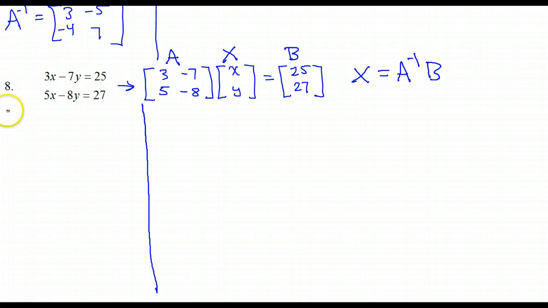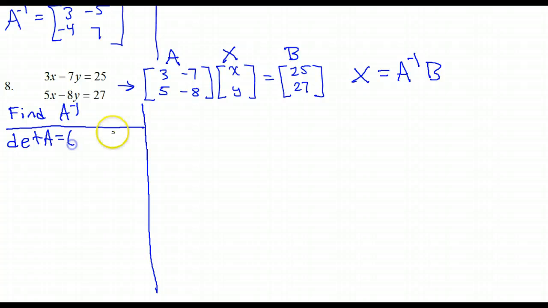So, let's find A inverse. But finding A inverse is a two-step process. First, I need to find the determinant of A, which is the down diagonal minus the up diagonal. So that's going to be negative 24 minus negative 35. Down diagonal minus the up diagonal.